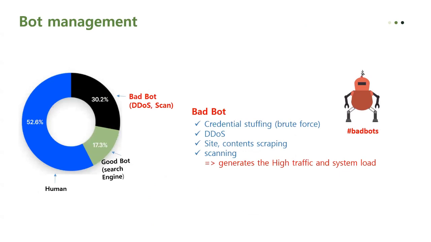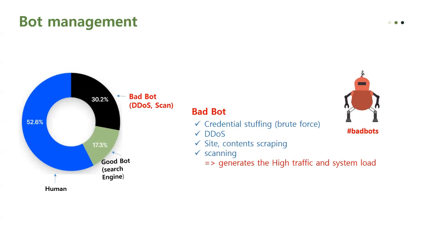So next one is bot management. When you talk about web attack, actually around 90% of the attack is done via automated program, bot, not normal browser. That means if we can differentiate between bot and human browser, then we can be safe from the web attack.